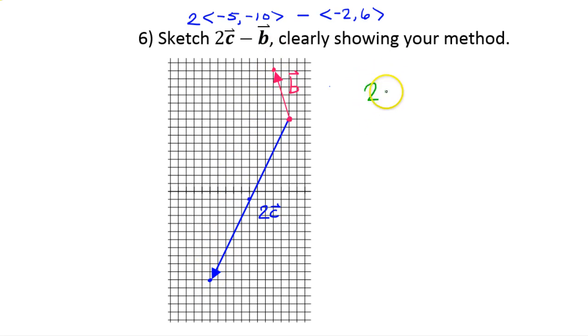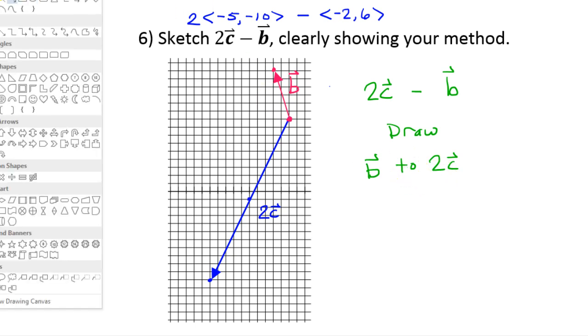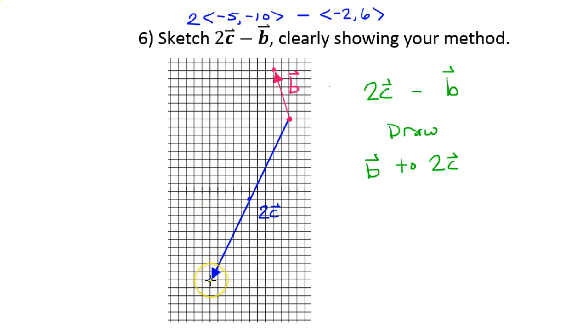If I want to subtract vector 2c minus vector b, I must draw from vector b to vector 2c. In other words, I must reverse the order when I draw my resultant vector. So that's why I'm going to draw from vector b to vector 2c like this, from terminal point to terminal point.